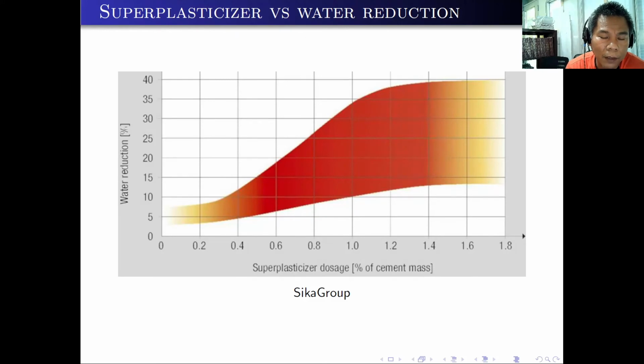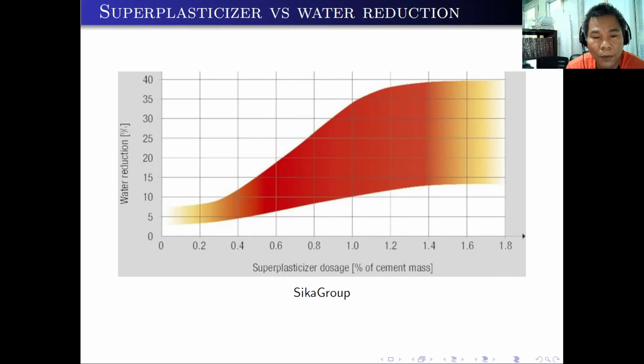Or you can look at the other spectrum. If there will be no superplasticizer, that is zero, then there will be, of course, no water reduction. But here, the average is around 5. But as you add superplasticizer, that's 0.2, the water reduction will increase. That's around 0.6%.